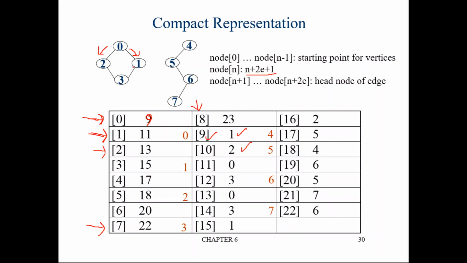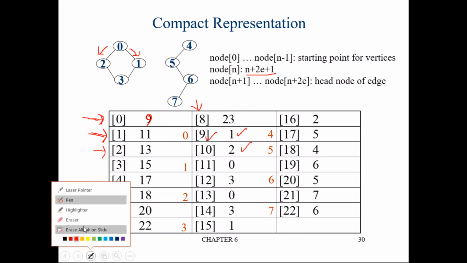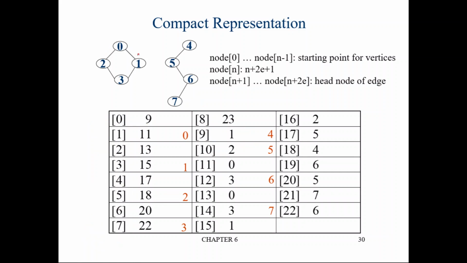Vertex 1 has how many edges? It has two edges. It has an edge to 0 and an edge to 3. So you can specify either 0, 3 or 3, 0. Again, the edge detail of vertex 1 is starting at 11 and it is going for 2 locations. So 11 plus 2 is 13.